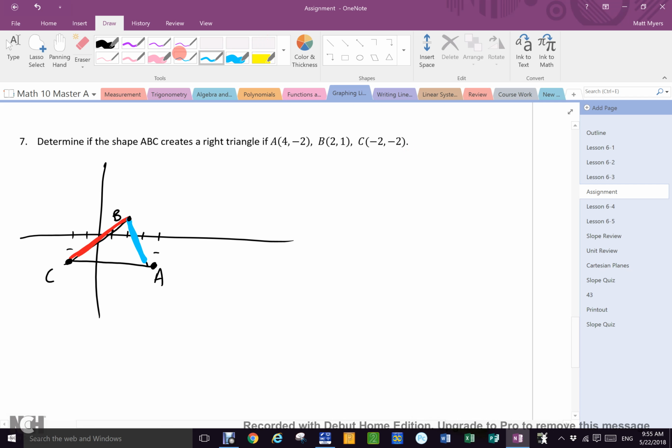You do. If you're going to count it, how far up did I go from C to B? 1, 2, 3. Up 3, right? How far that way did I go? 1, 2, 3, 4. So C to B is 3/4, right? That's the red one.